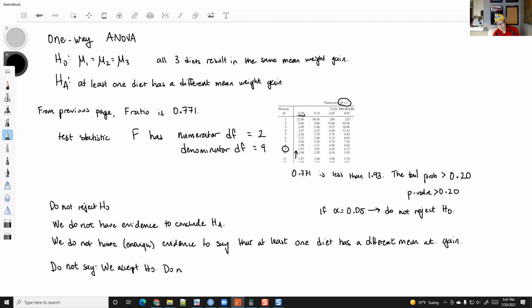Do not say we have evidence. Just because we don't have evidence against the null doesn't mean we have evidence that the null is true. So we do not say we have evidence that all three diets result in the same mean weight gain.